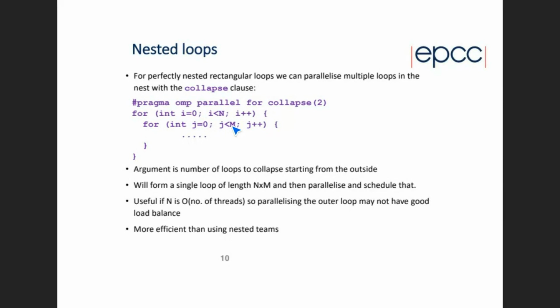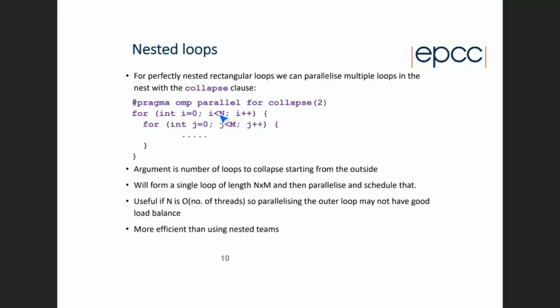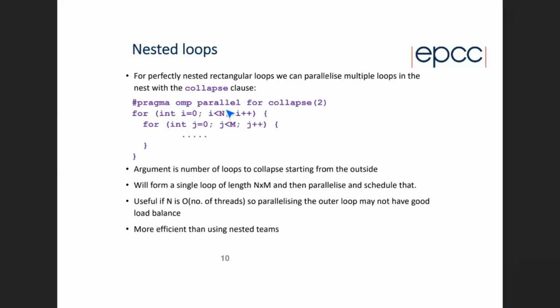So provided we have perfectly nested rectangular loops, which is quite a common use case, and we want to parallelize more than just the outer loop, for example because the outer loop doesn't contain enough iterations to keep all our threads busy, then we can use this collapse clause.